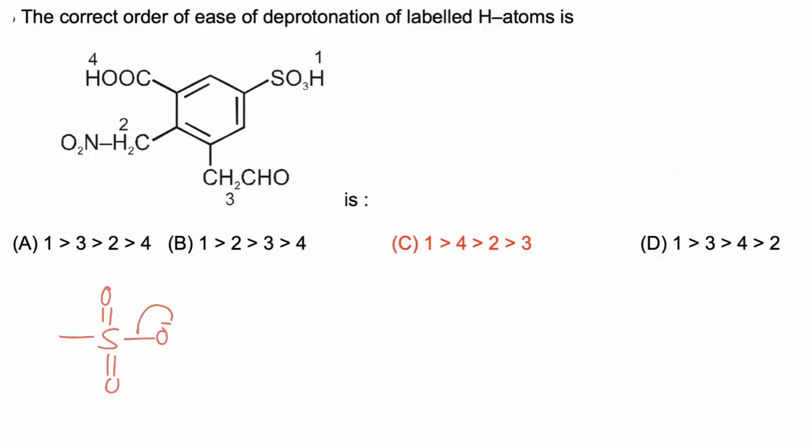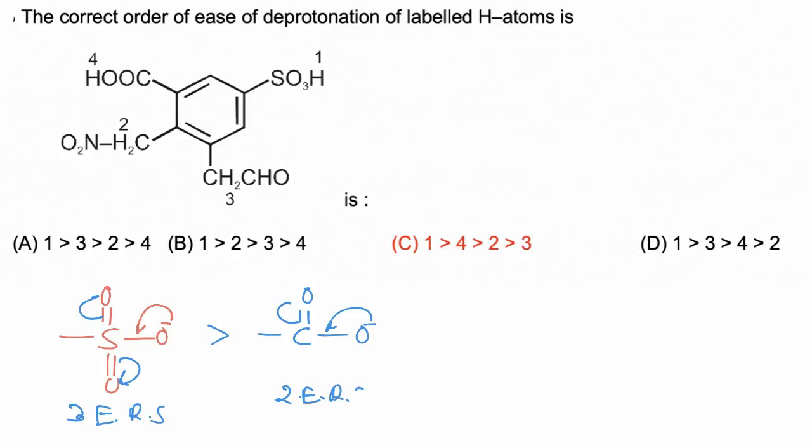Now this sulfonate anion has 3 equivalent resonating structures, so it will form the most stable resonating structure. Now in the case of the carboxylate ion, 2 equivalent resonating structures are formed, so it will be comparatively less stable. So the first is most acidic, then 4.